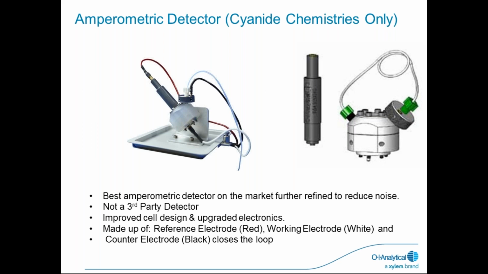It's not a third-party detector. We actually manufacture that ourselves. It has an improved cell design and upgraded electronics. It's made up of a reference electrode, red, working electrode, white, and a counter electrode, black, which closes the loop. Off to the right, we have the gas reference electrode, and also this is the flow cell for the amperometric detector. That can be maintained, and the electrodes can be polished if you start to see a degradation in the response.